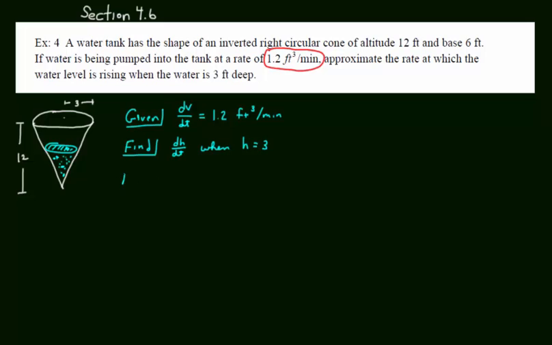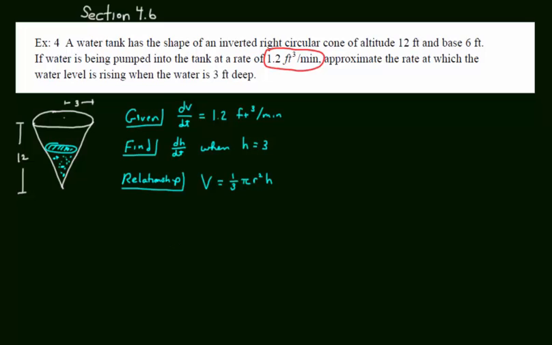Next, we need a relationship. Okay, we need to relate the volume V to the height h, and we know that the volume of a cone of this sort is going to be 1/3 pi r squared h. There's the relationship. Now we have a slight problem.